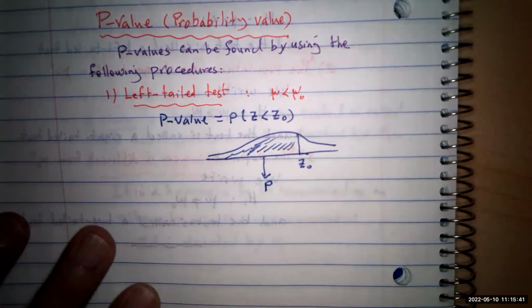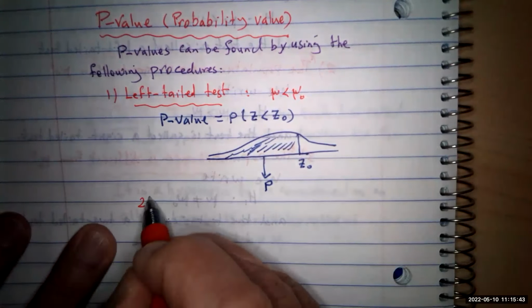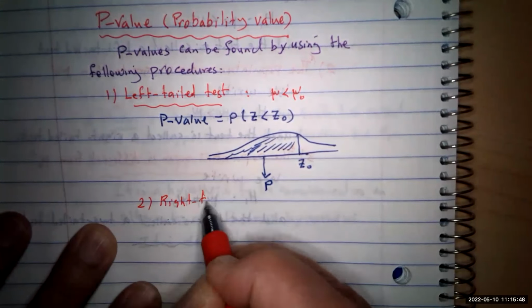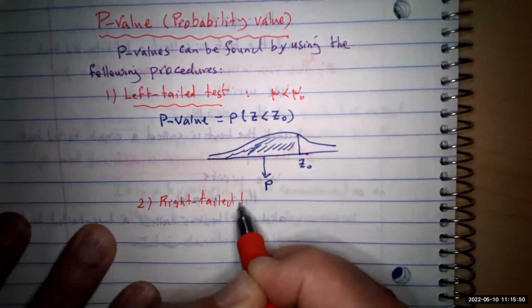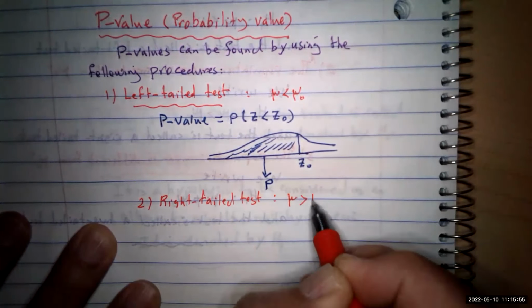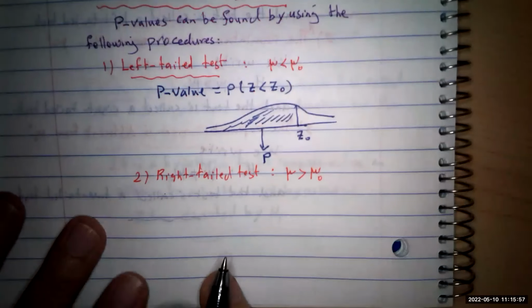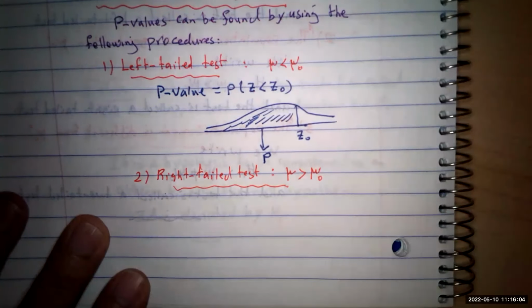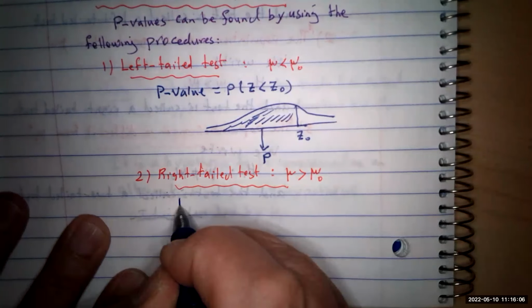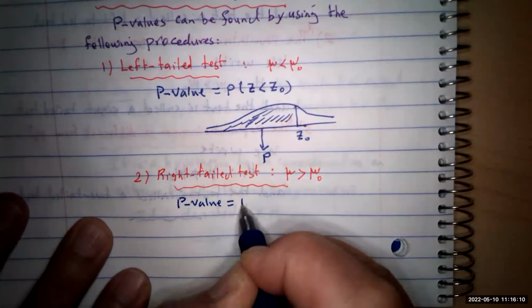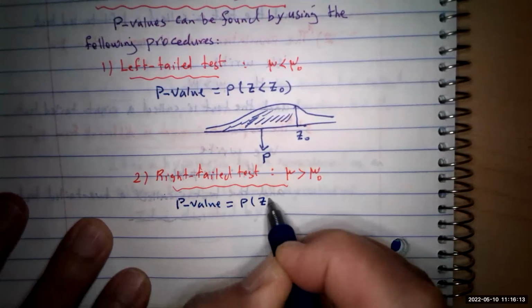Case two, right tail test. It's going to be the case that the mu is greater than mu naught. It would end up with the Z to be greater than Z naught, the area to the right. So what is this? P-value is equal to the probability that Z is greater than Z naught.